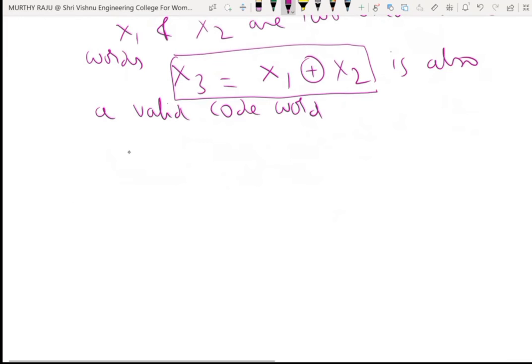Next, theory related to linear block codes.